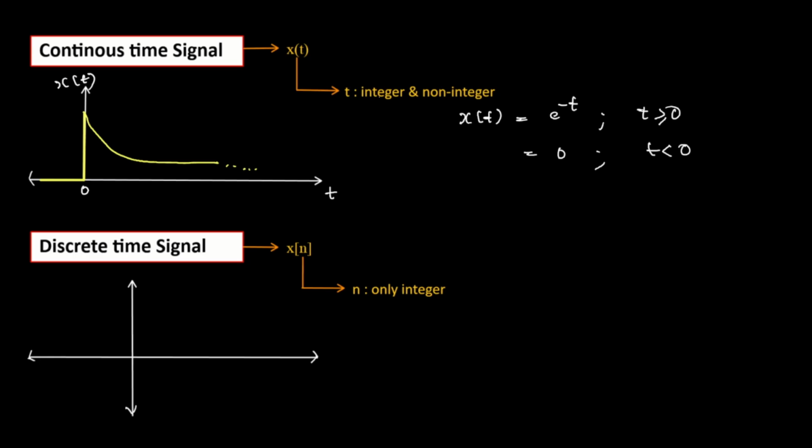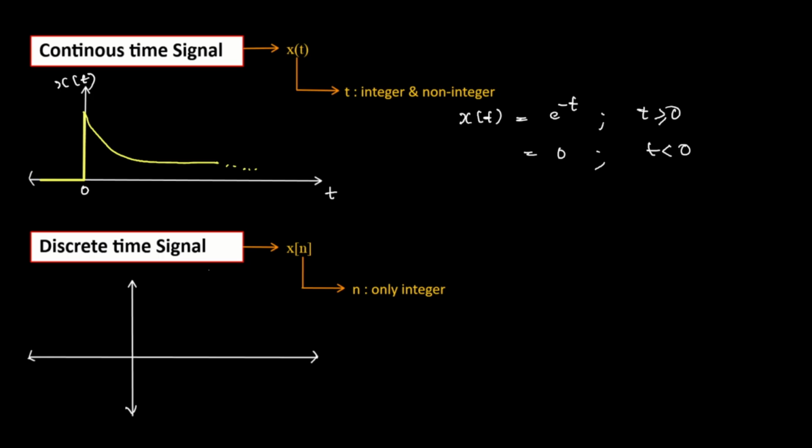For a continuous time signal, I may take values at integer and non-integer times: 0, 1, 2, 3 are my integer values, and 0.5, 1.5, 2.5 are the non-integer values. For every integer and non-integer instant, I am having my signal. So that is a continuous time signal.